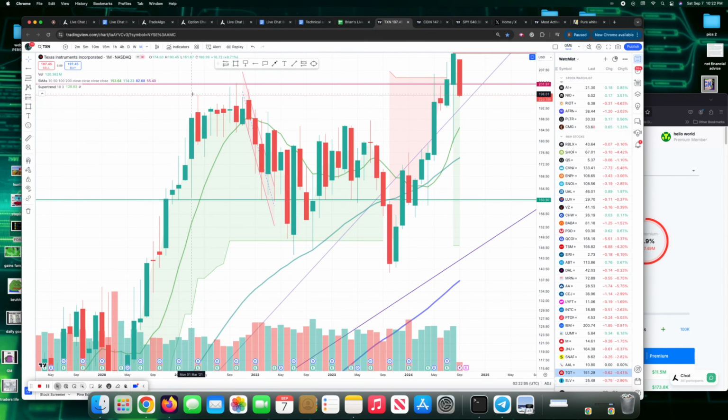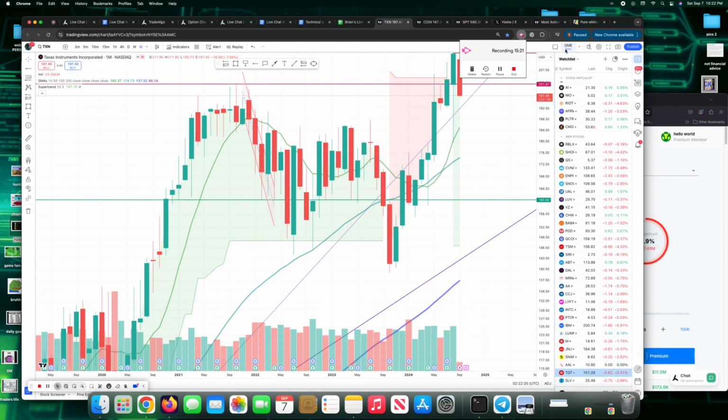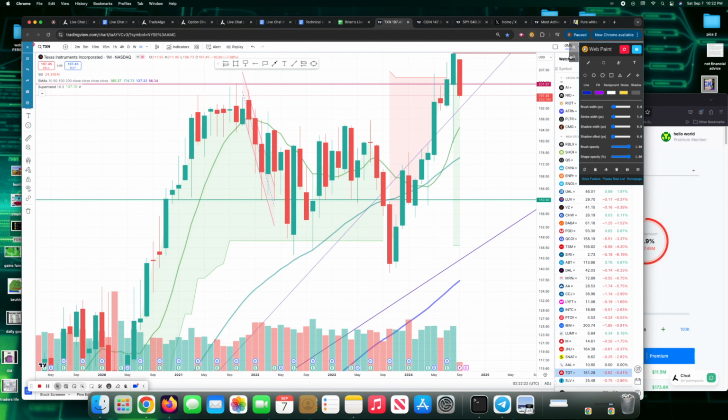So what I like to do is go to the shapes right here and go to the rectangle, or whatever you guys want. I go from the opposite color candle. Let's start off with the opposite color candle, this one right here. Before the aggressive push is how we draw our demand zone.